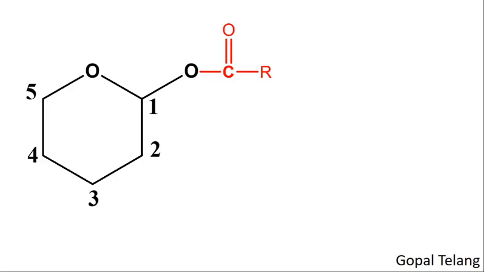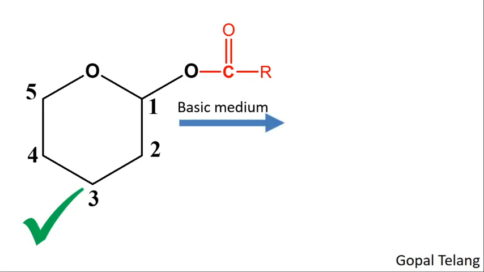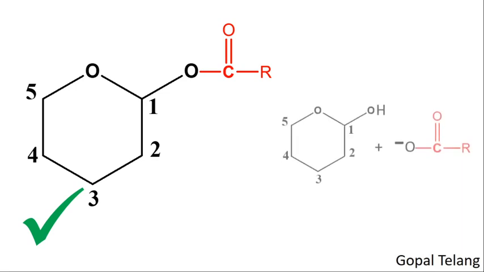Now observe the compound. So this is an ester. What do you think? Will the ester linkage be affected by the base or not? And therefore, does this compound give a silver mirror or not? Yes, this will give a silver mirror because in the basic medium, as we know, saponification reaction, this ester will be converted, this is what we call alkaline hydrolysis or basic medium hydrolysis.